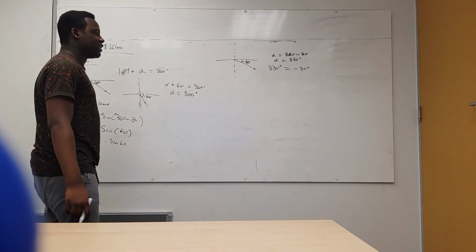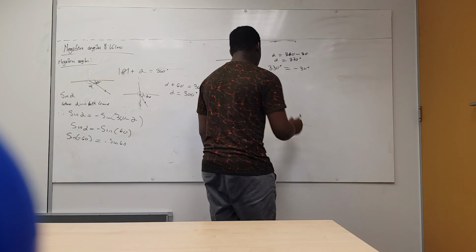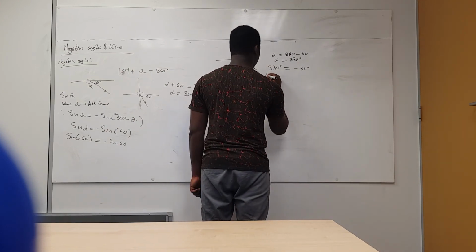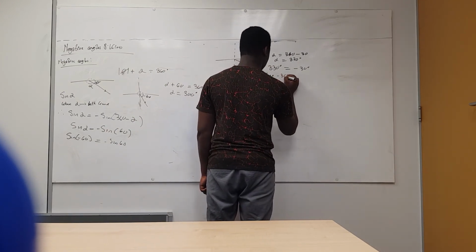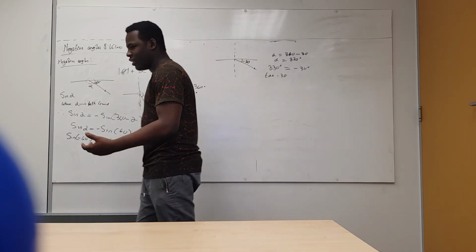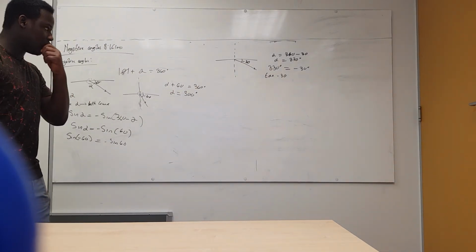So let's say we wanted to put a function in front of it. If we wanted to put tan of negative 30, we can do it in two ways.